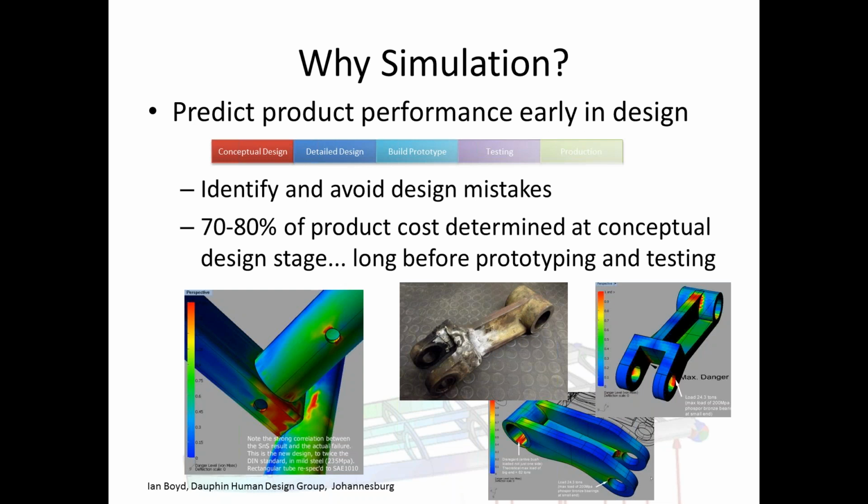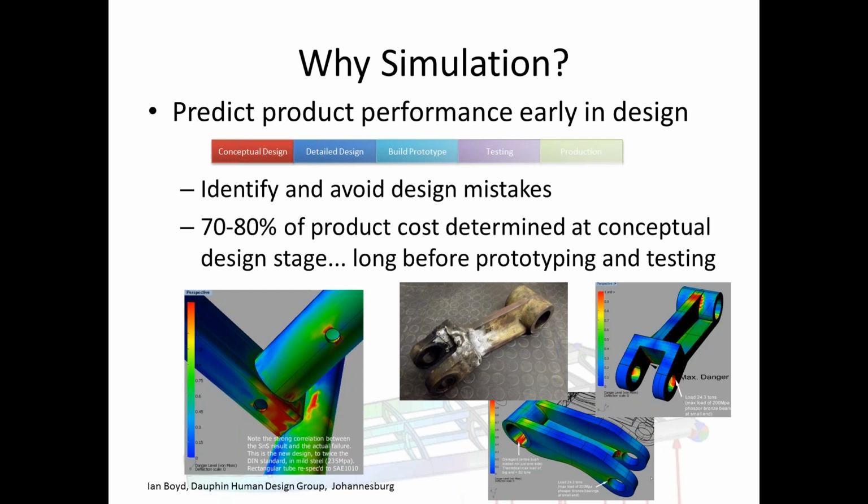With simulation, we can actually do this testing with a computer at the conceptual design stage and avoid design mistakes. This is the stage of the design process where 70 to 80% of the product cost is actually being built in.